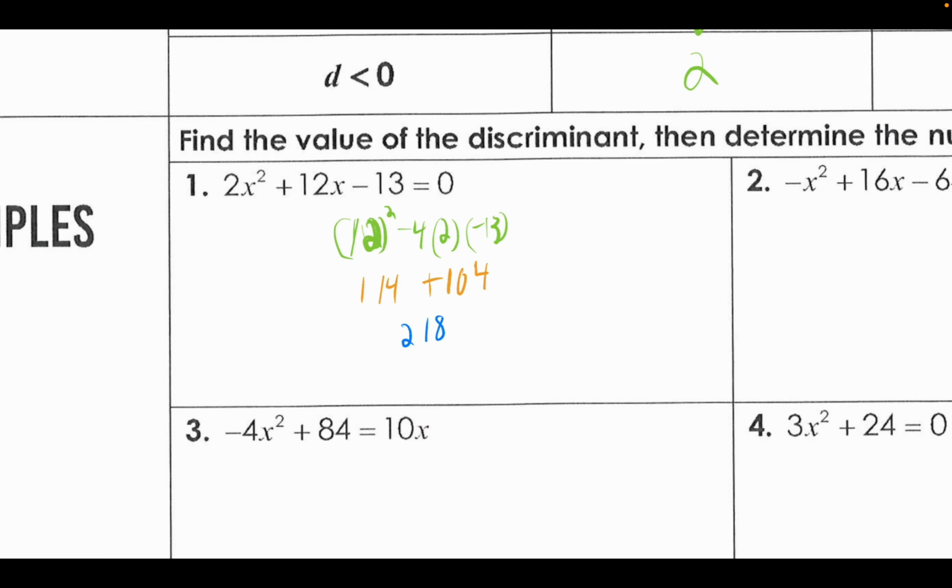Sorry, I said 114 on my first one, I think at least, but it's supposed to be 144, and this one's supposed to be 248. And so this is greater than 0, so we're going to have two roots, but they're two irrational roots because 248 is not a perfect square.